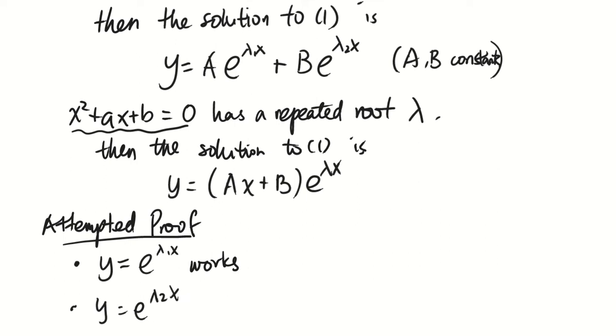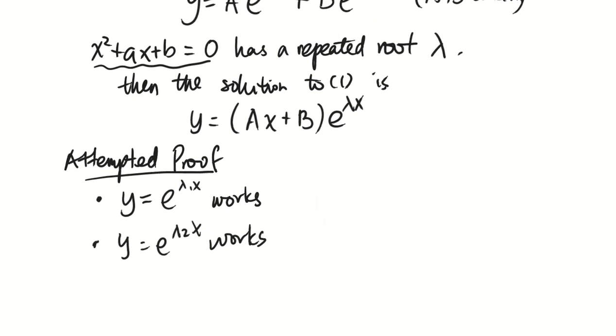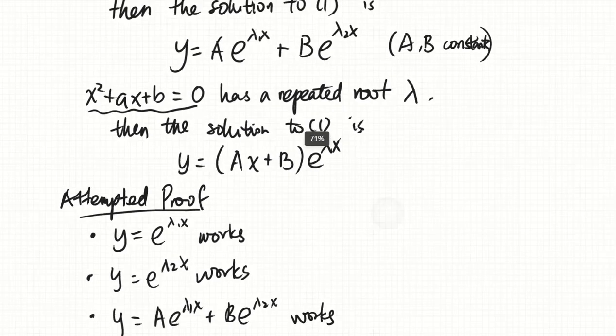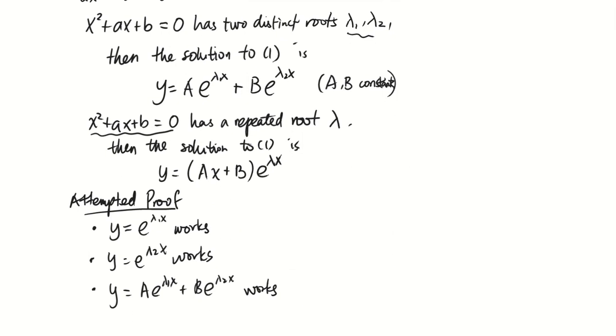Well, we're looking at the first case. Then they conclude that y equals a e to the lambda 1 x plus b e to the lambda 2 x works. Most people try to do this because it's simple and short.